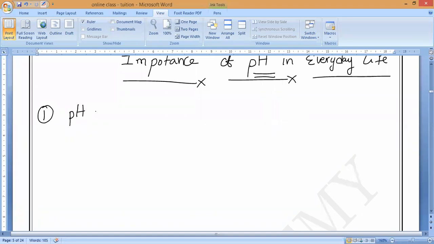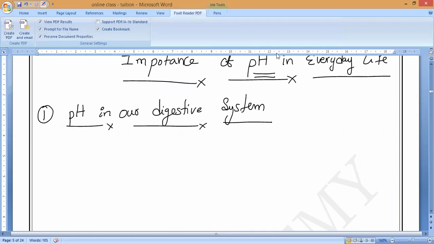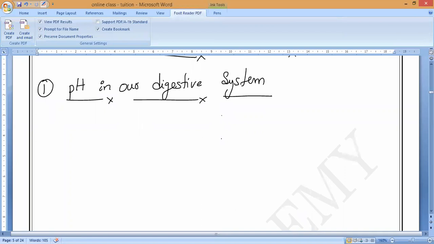The first importance of pH in our everyday life is pH in our digestive system. Write it. pH in our digestive system.